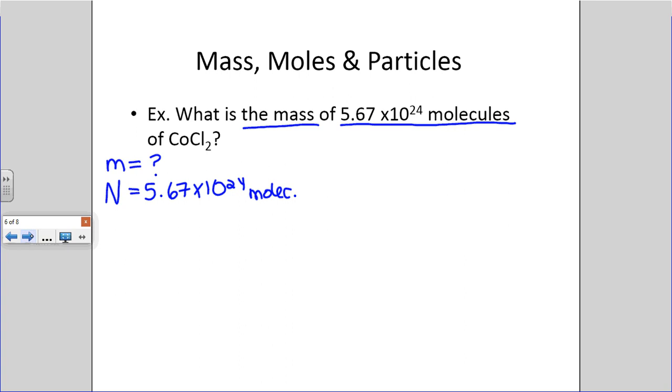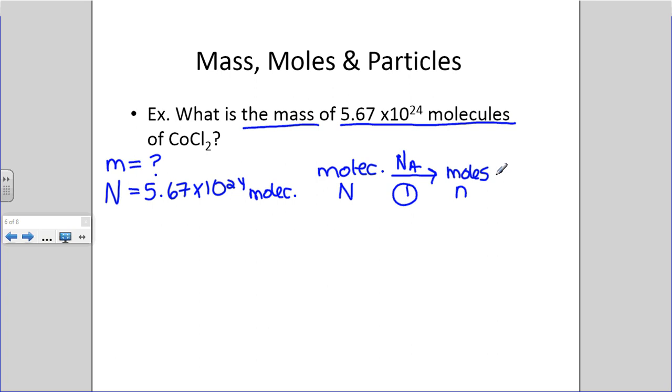So for reference on our notes here, let's write down our steps. We're going from number of molecules, which we said was our capital N. And first thing we need to do is find number of moles, which we know is little n. That's our first step. And our conversion for that is Avogadro's number.